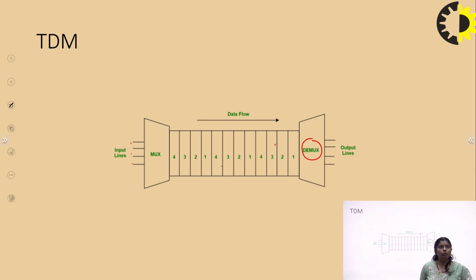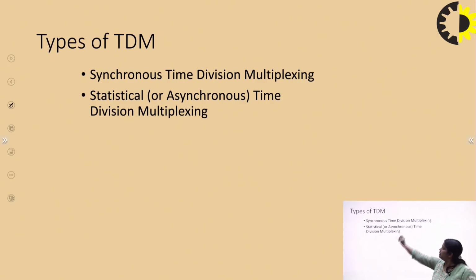So, what is TDM? Time division multiplexing. In this, all the stations have different time slots, and by using these time slots, we are sharing the channel.